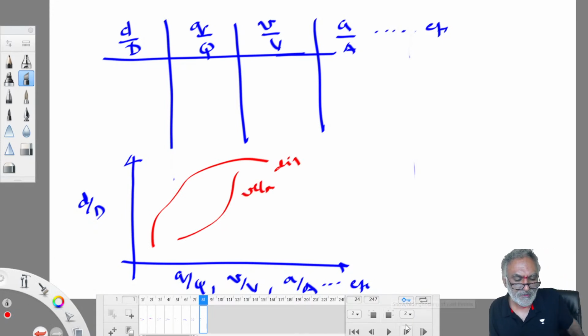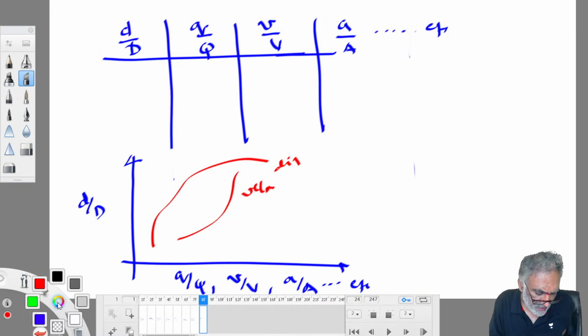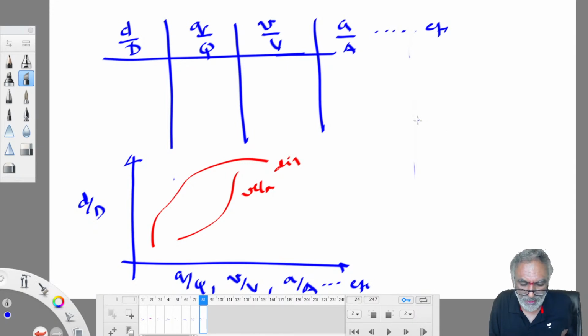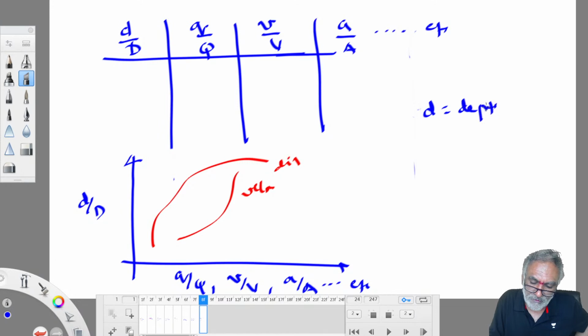From there we can pick up the values. So small d, small q, small v, small a are partial flow parameters for sewer running in partial flow condition. Capital D, capital Q, capital V, capital A represent flow parameters for sewer running full. In this, small d is depth of flow and capital D is diameter of sewer.